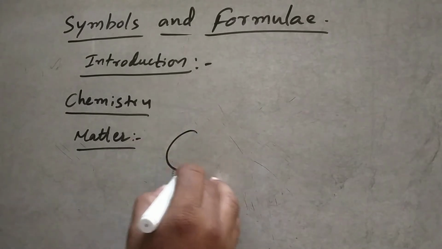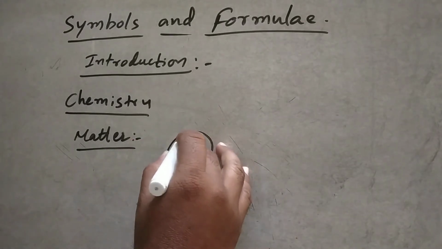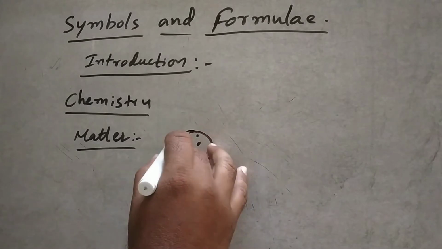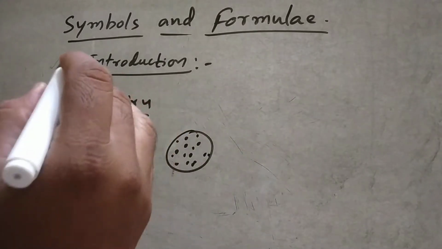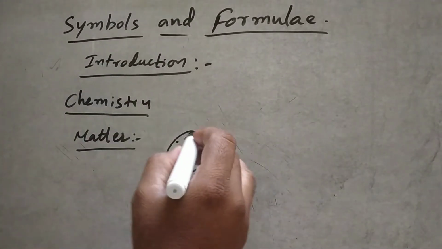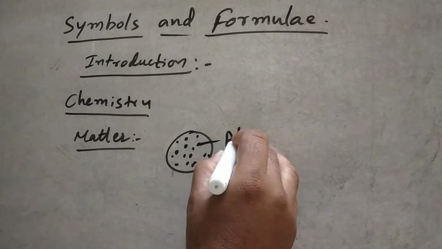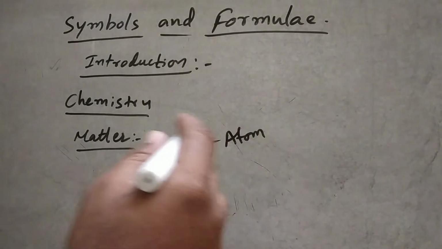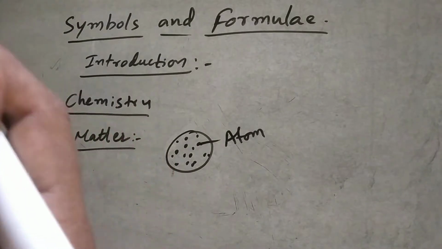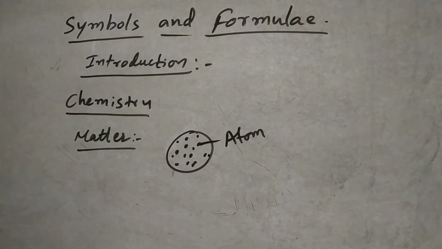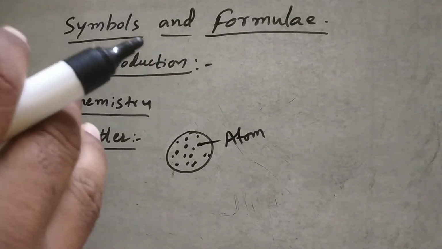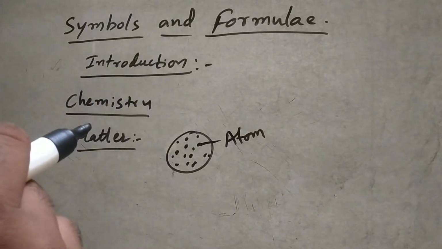Generally, matter is made up of small particles. Those small particles we can call atoms. Initially, atoms, molecules or ions, whatever it may be, matter is made up of small particles.